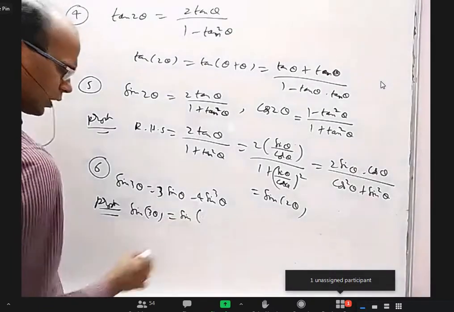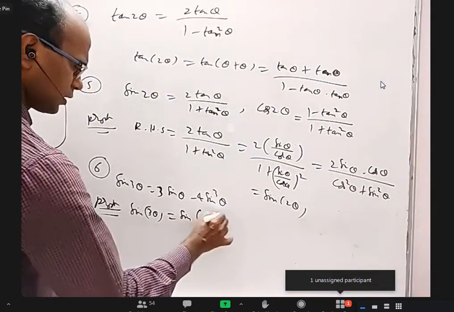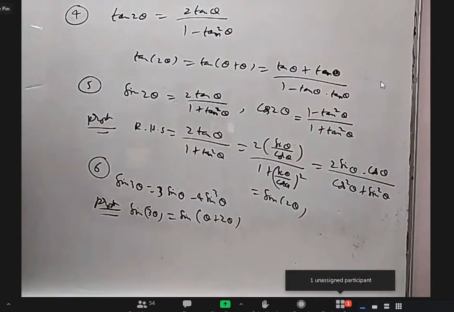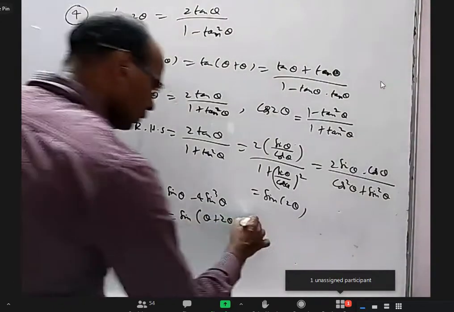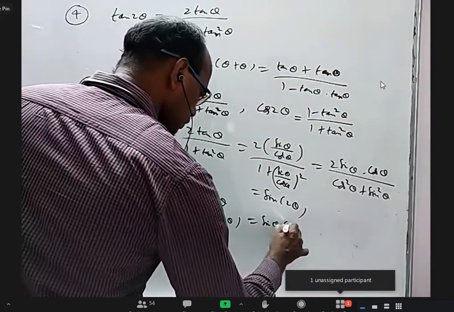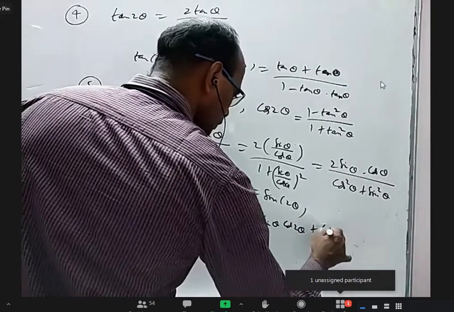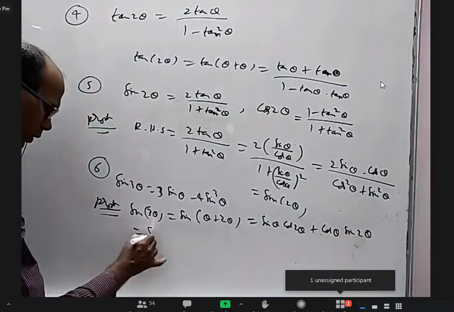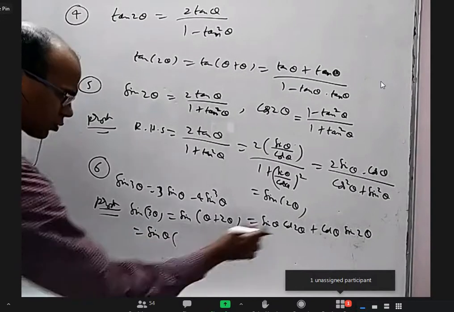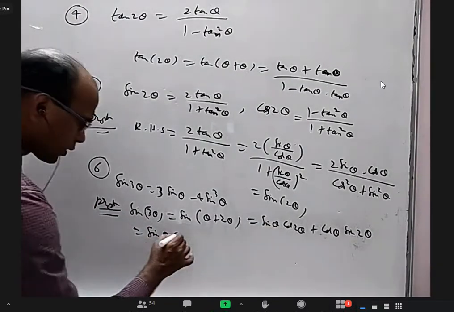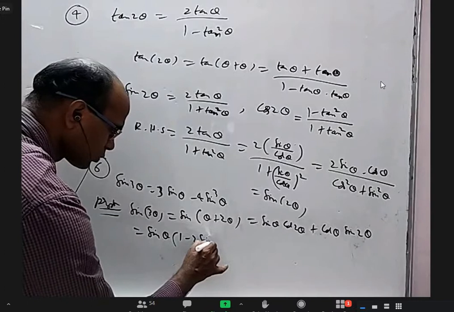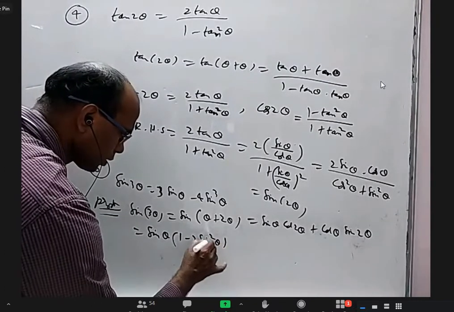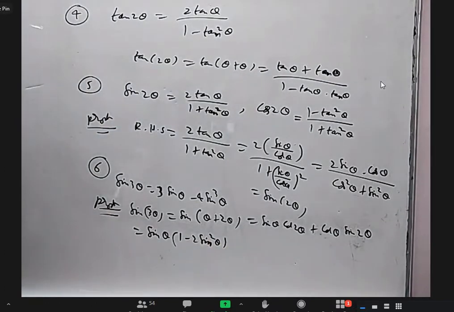Yeah, we can use that, or I can write sin of theta plus 2 theta and use the sin a plus b formula. It will be sin theta cos 2 theta plus cos theta sin 2 theta. Sin theta into cos 2 theta has 3 formulas, but I will choose to write 1 minus 2 sin square theta because I want the answer in terms of sin.